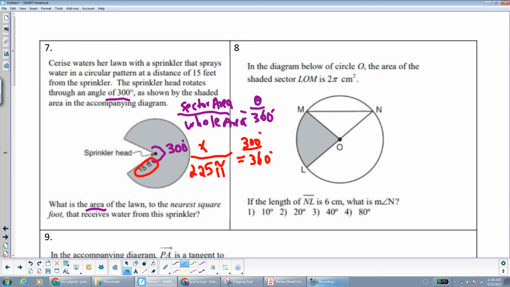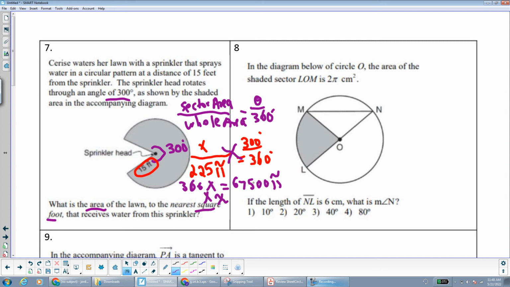It does say to the nearest square foot, so we are going to be rounding. Our answer is not going to be in terms of pi. So we can cross multiply. I have 360x is equal to, let me multiply 225 by 300, is equal to 67500 pi.